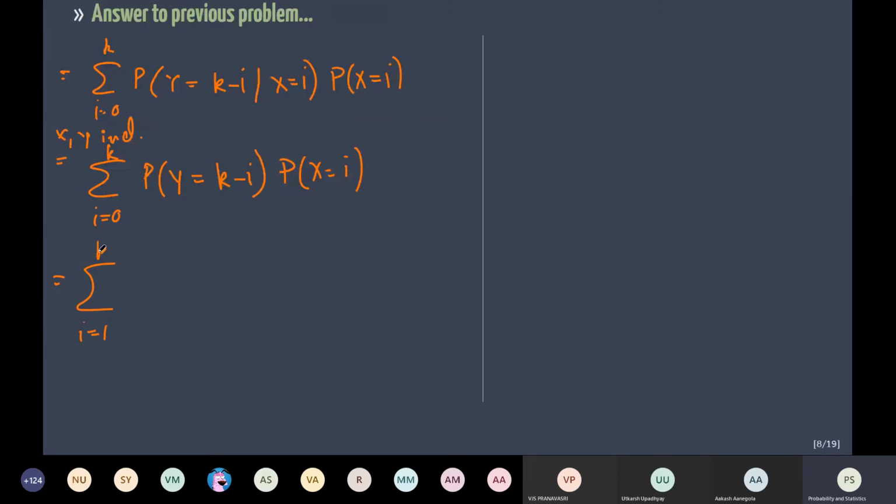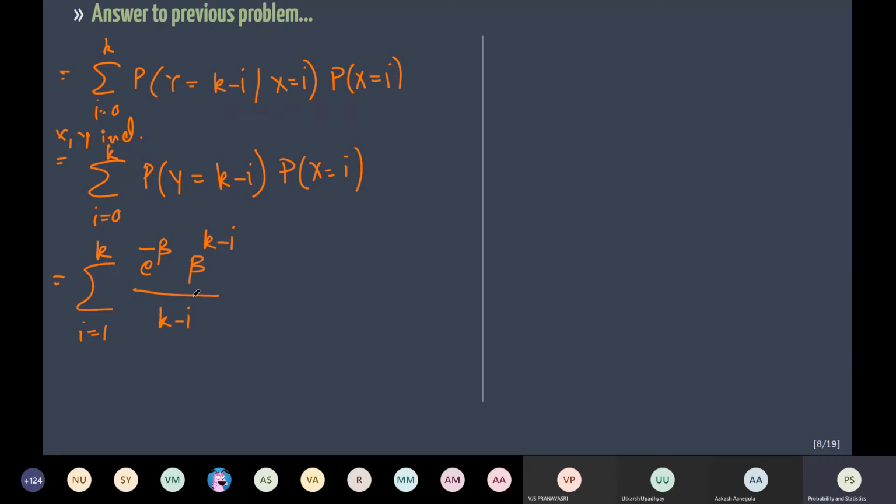So i equals 0 to k, and this is k minus i, so this is Y. The parameter for the Poisson Y was beta, so this is e to the minus beta, beta to the k minus i, over k minus i factorial.